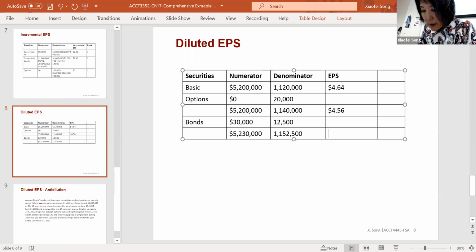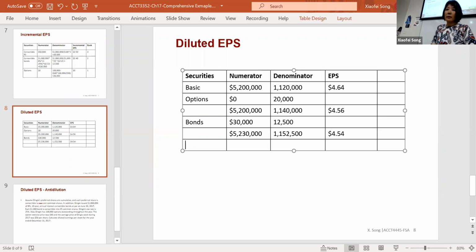And the earning per share becomes 4.54. That's 2 cents less than before, so that's good.